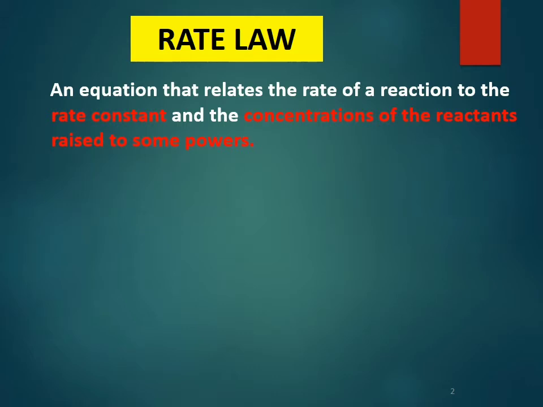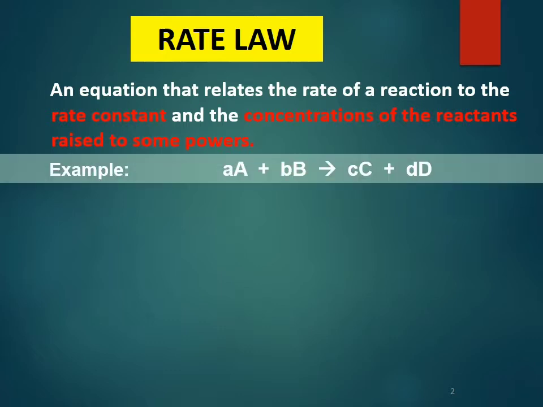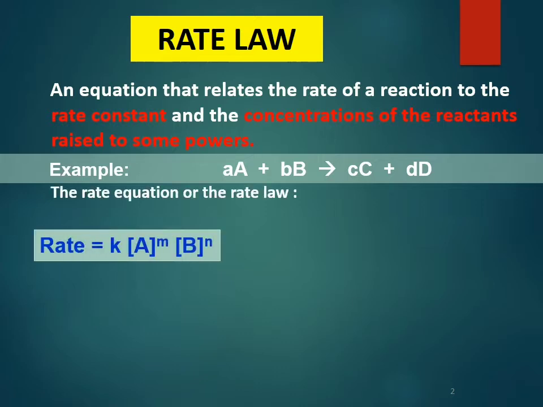The general formula or equation for rate law, using this example, I can write as: rate is equal to k, concentration of A raised to the power of m, and concentration of reactant B raised to the power of n.